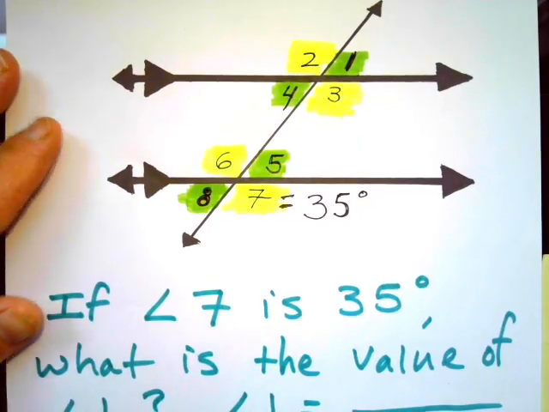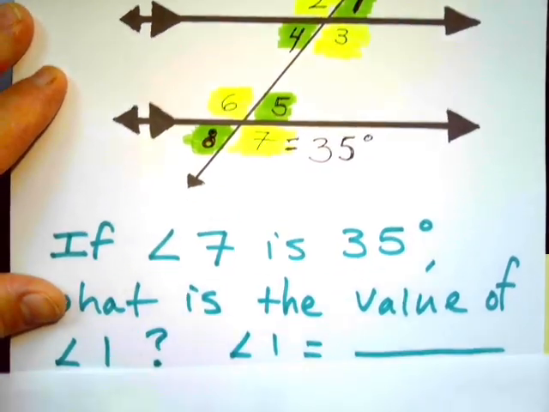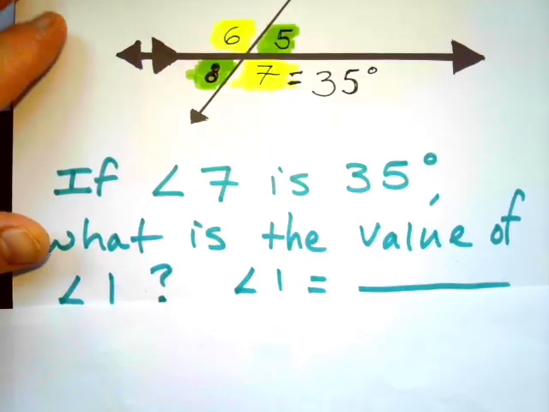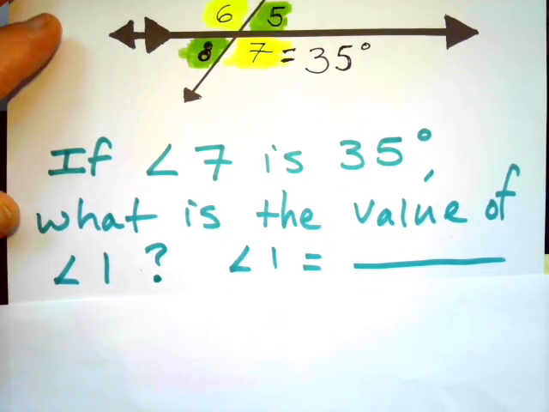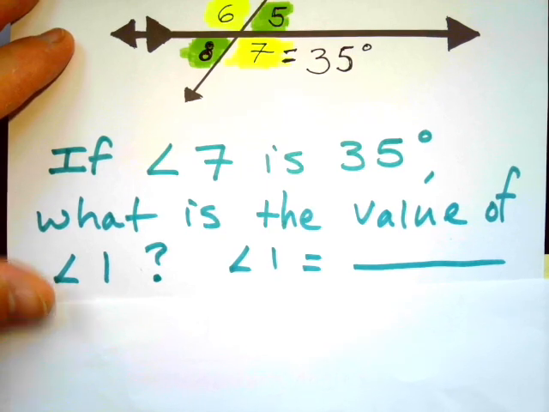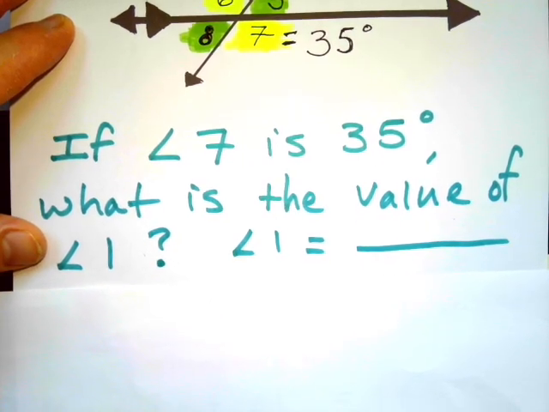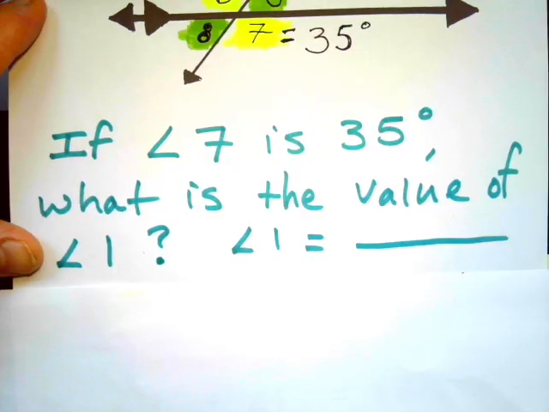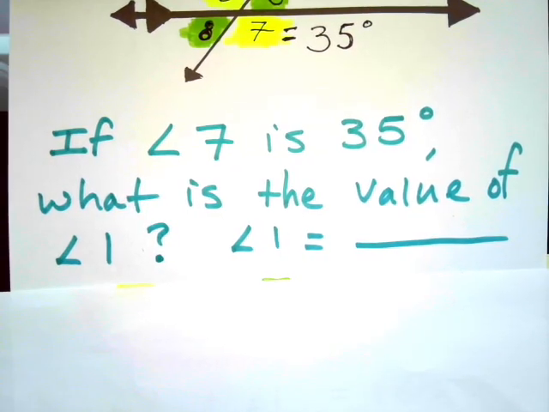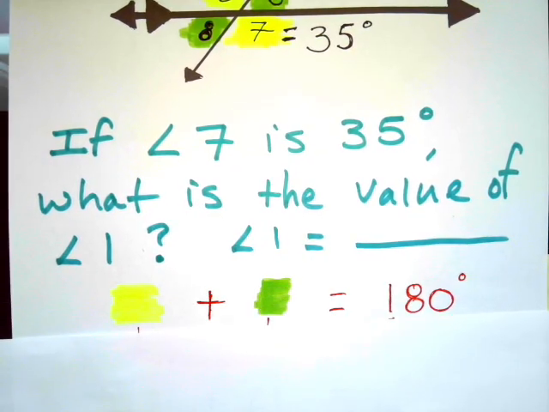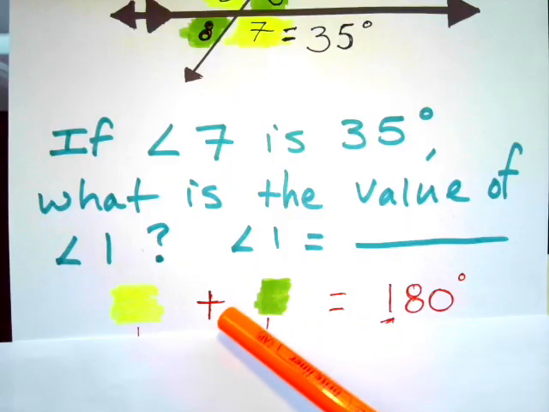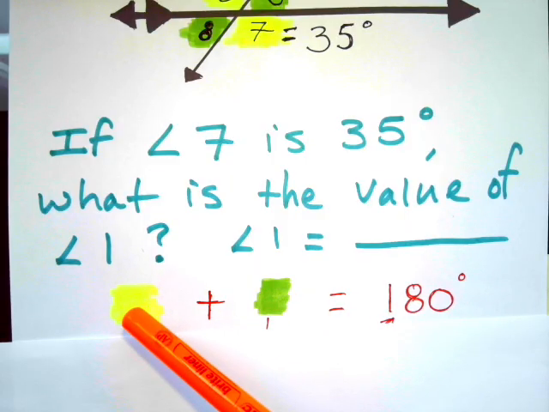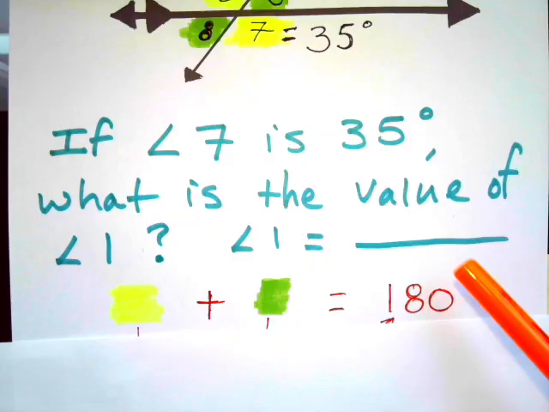If you want to answer this question on your own, go ahead and pause the video. This is a fill in the blank answer, so work on it. I'm going to continue on and go over how to answer this particular type of question. As you could see above, any angle highlighted in green plus any angle highlighted in yellow are supplementary angles.